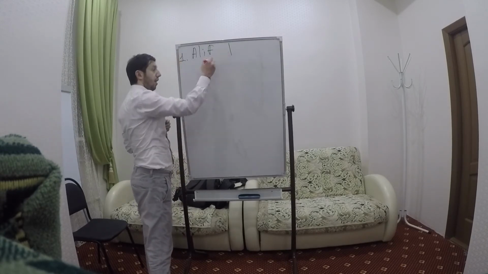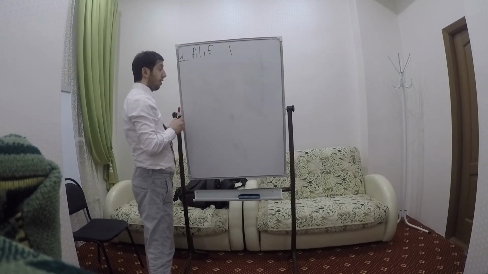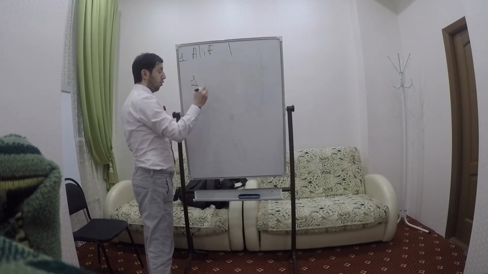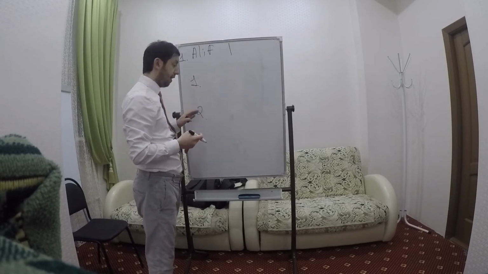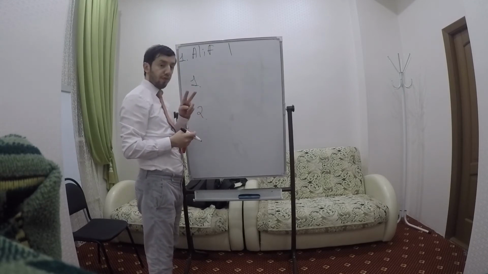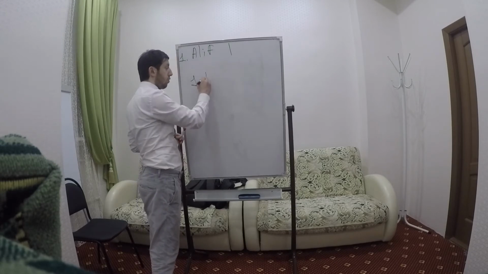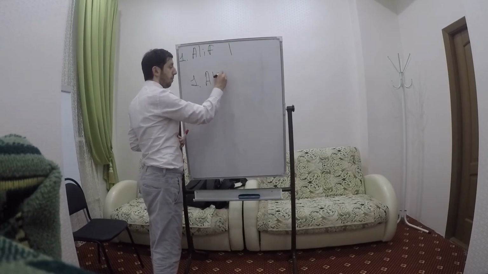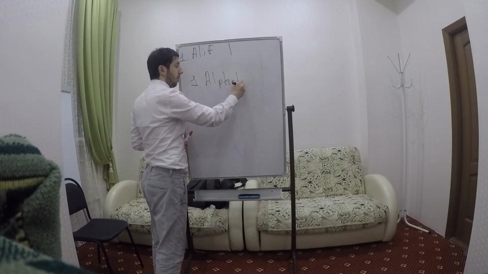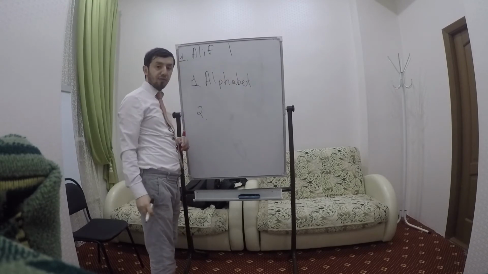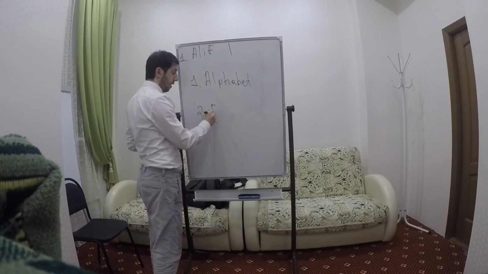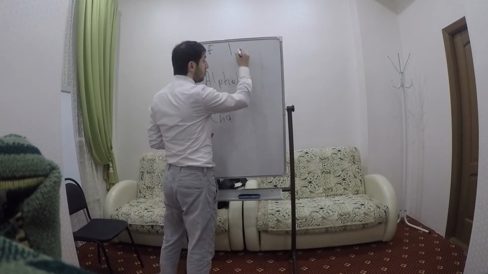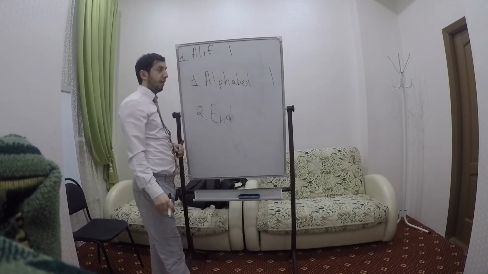So if the letter can be linked only from one side, usually it has only two forms: the alphabet form and the end form. In the alphabet we will write like this.